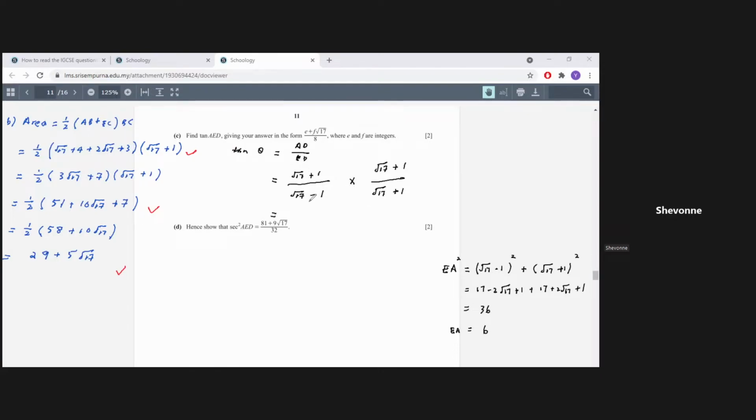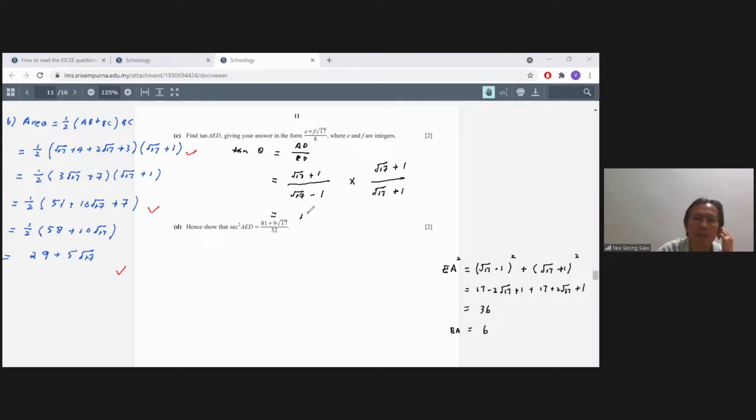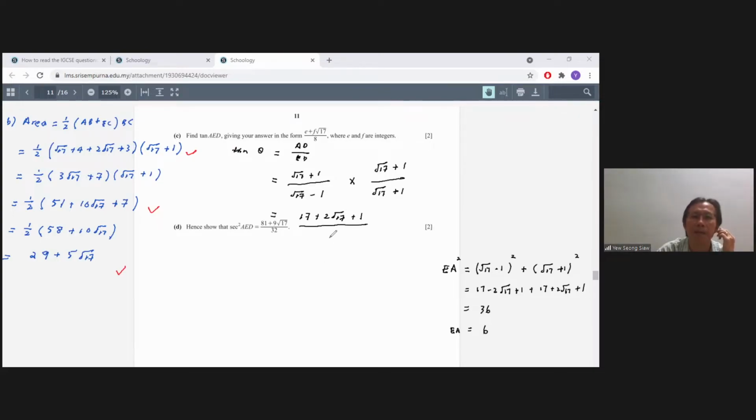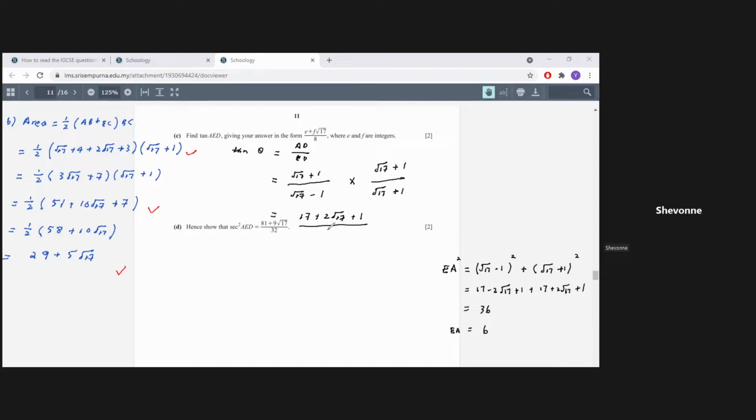Equals to 17 plus 1 plus 2 surd 17, over 17 plus 1, so it's 18, by 17 minus 1.